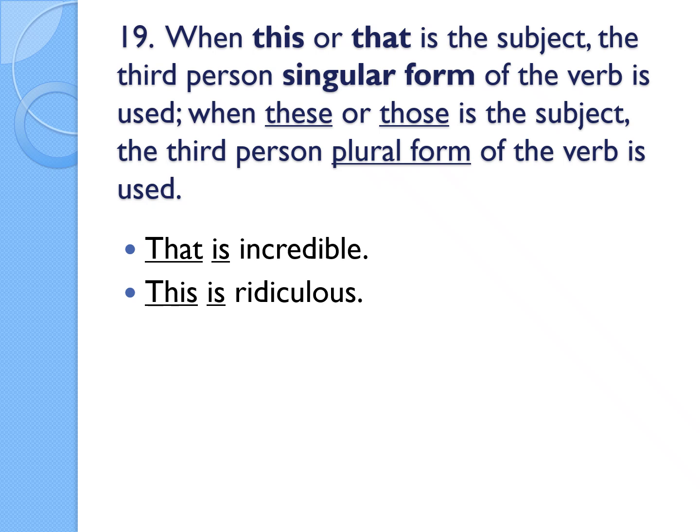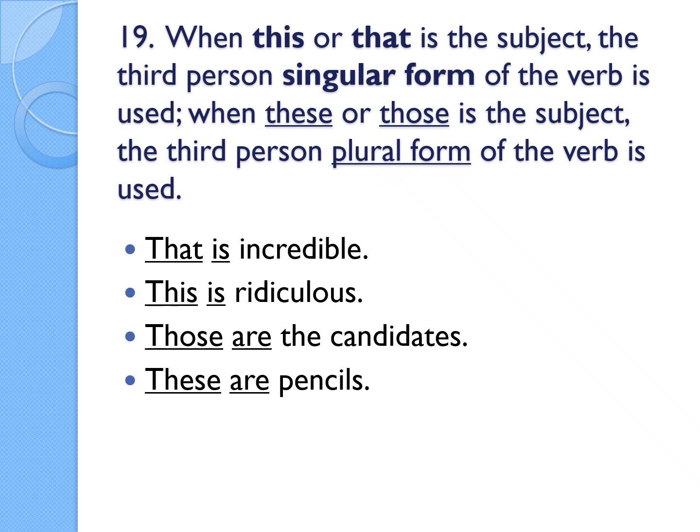This is used in the sentence, so the linking verb used is is. Those are the candidates. The sentence used those as the subject, therefore it has the linking verb are. These are pencils. So the subject used is these, plural. So the linking verb used is also plural, and that is are.